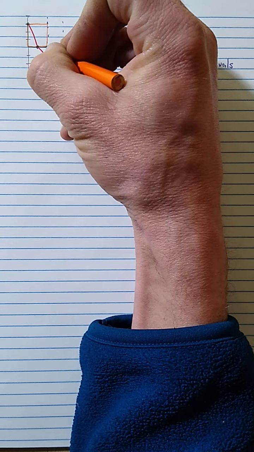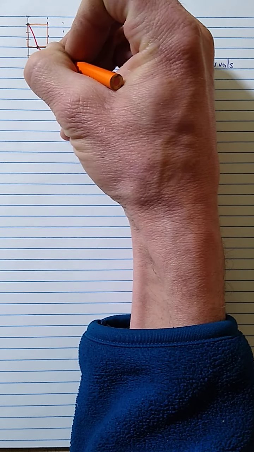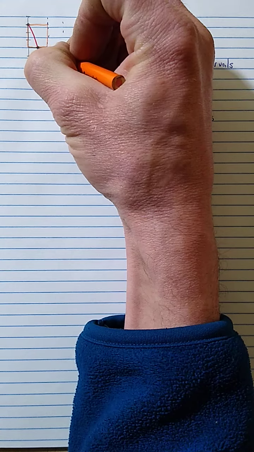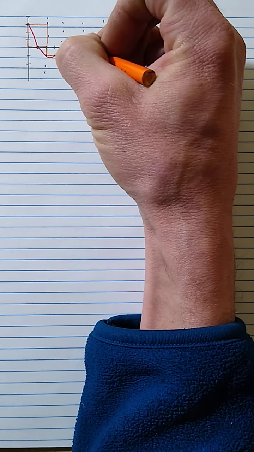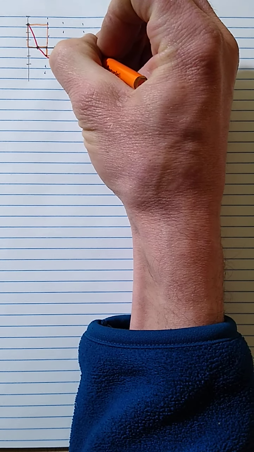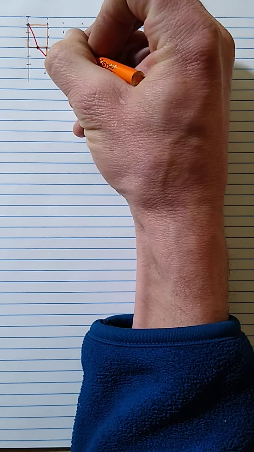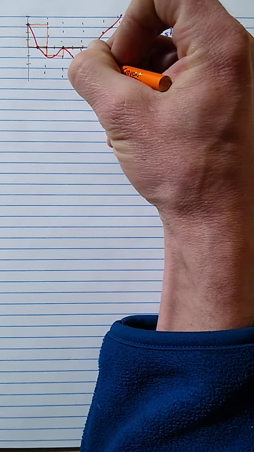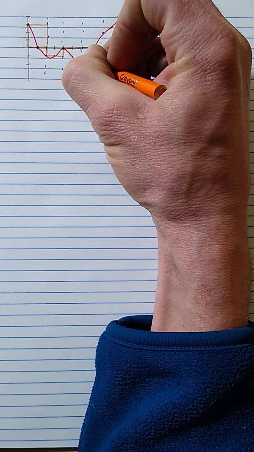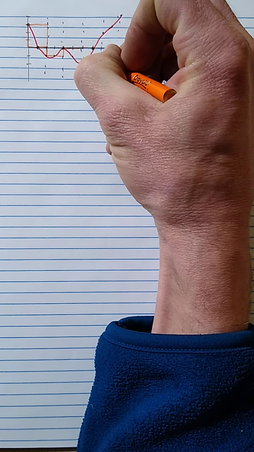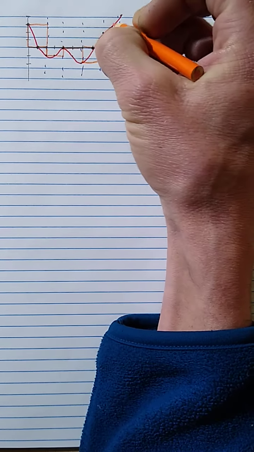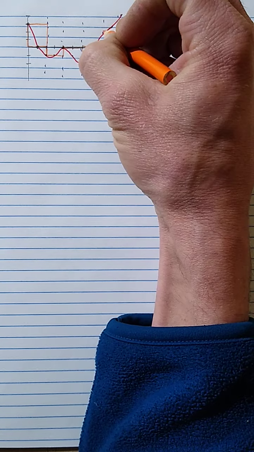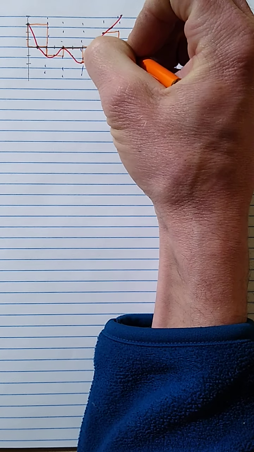The next left endpoint is here, so that box goes across there. The next left endpoint is here, so that box is just 0 because the left endpoint is 0. This left endpoint is -2 supposedly. And this one is here.